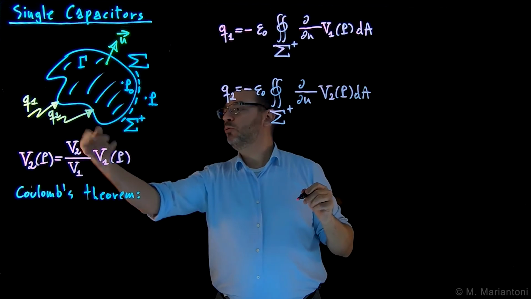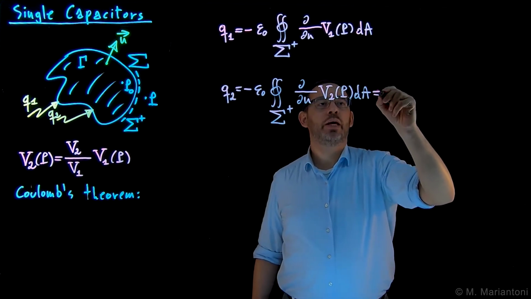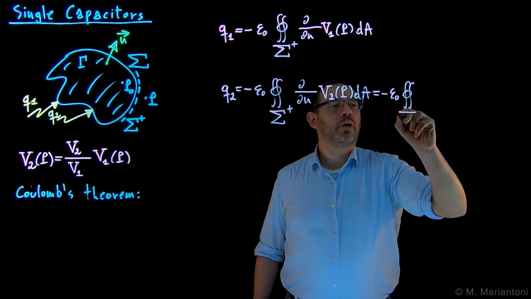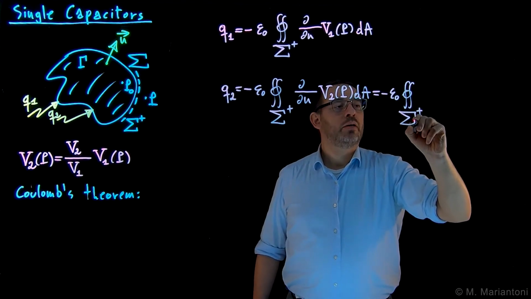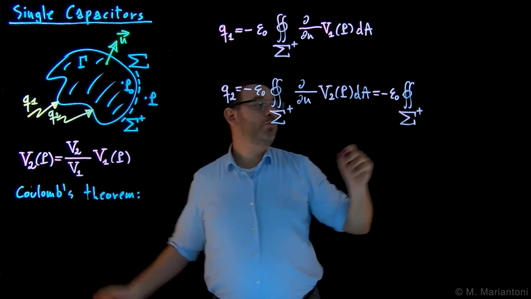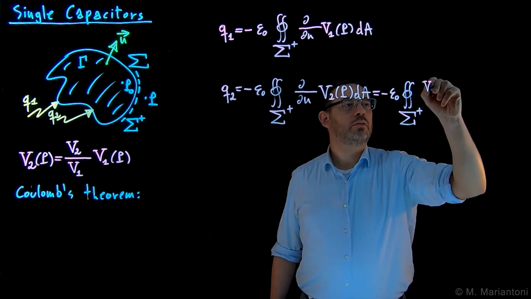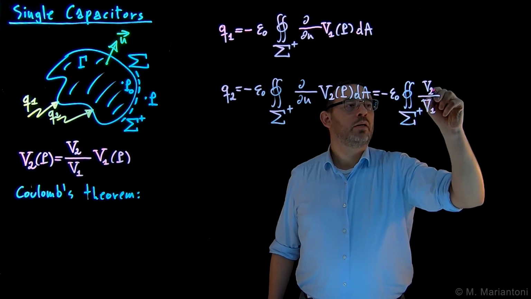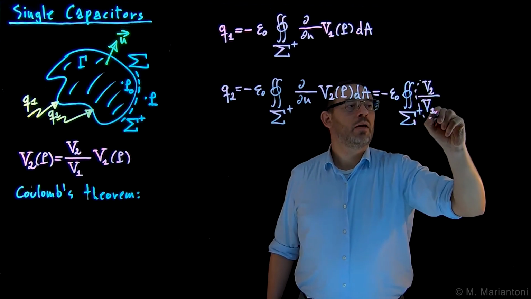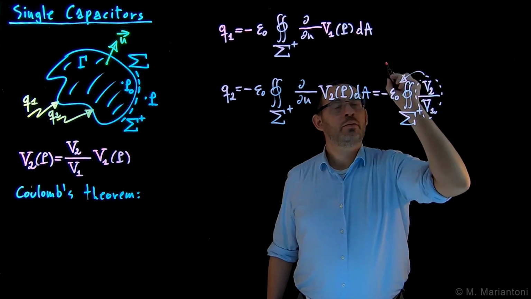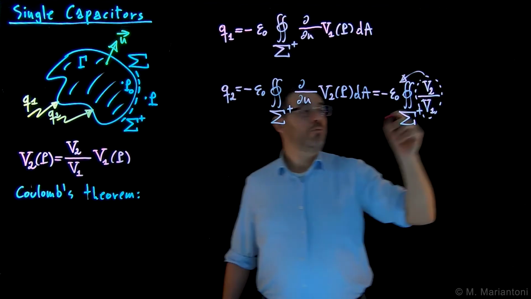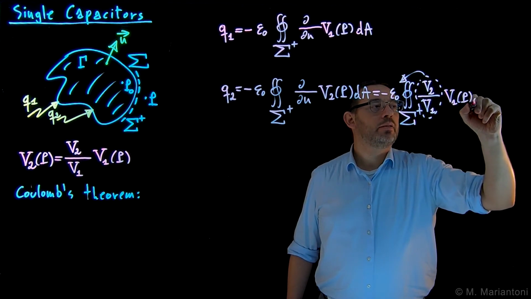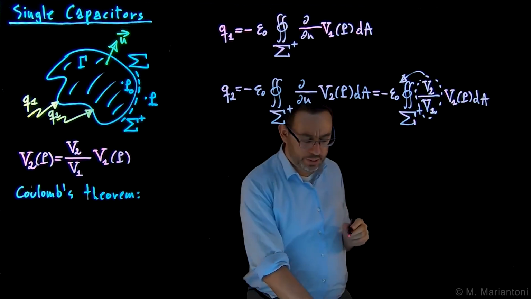But we know that V2 is given by this relationship, so we can eventually rewrite it as minus epsilon naught integral in the limit to sigma plus from the outside of V2 over V1, which are constants, so we don't integrate over them. So these constants, we can take them outside. This kind of integral, if we want to, of V1 of P dA. Okay, nice.